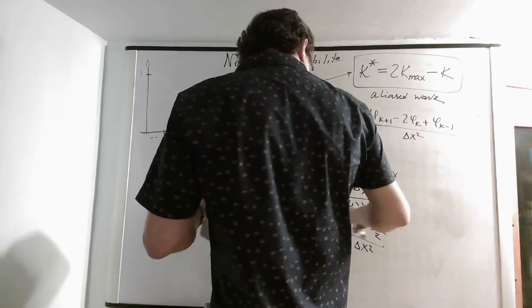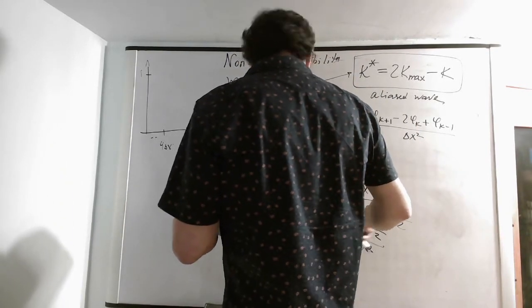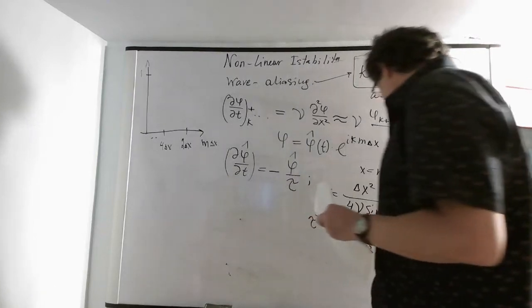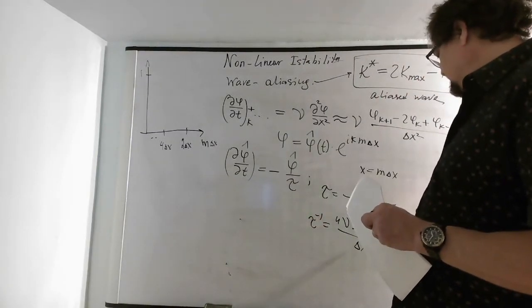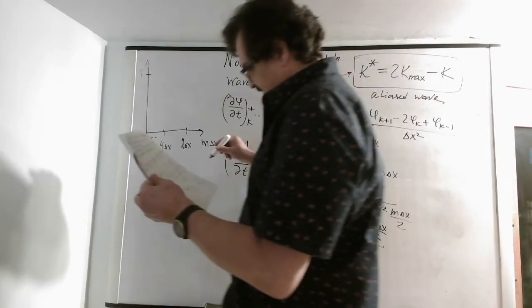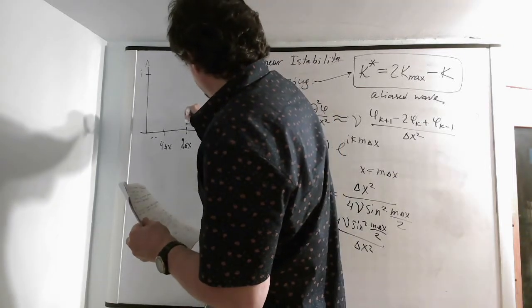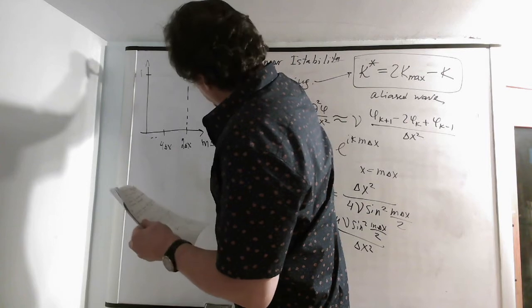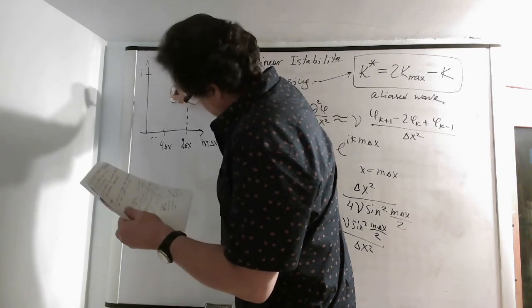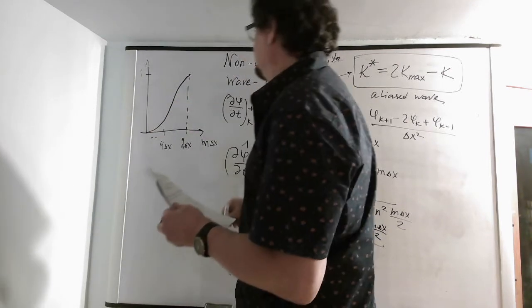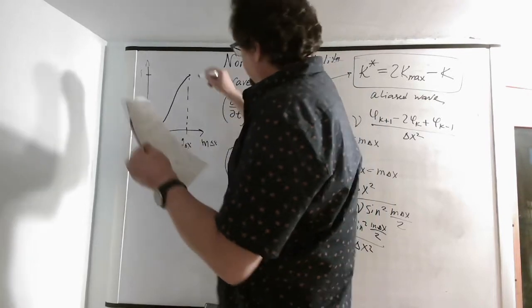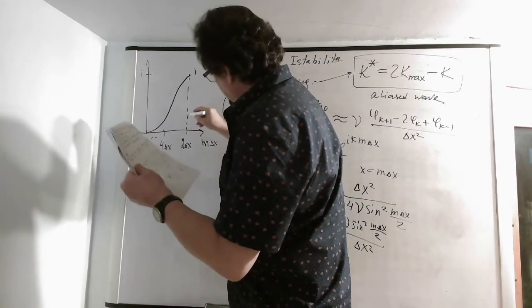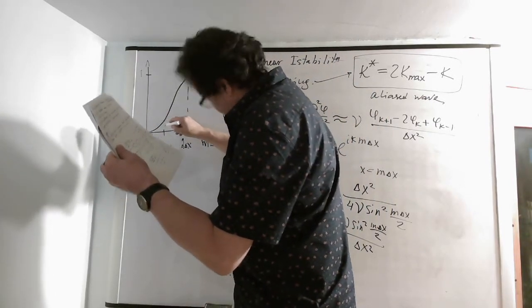If you plot this sine squared of m delta x over 2, it's going to look something like that. So this largest value is 1, and for 4 delta x waves it's going to be 0.5.